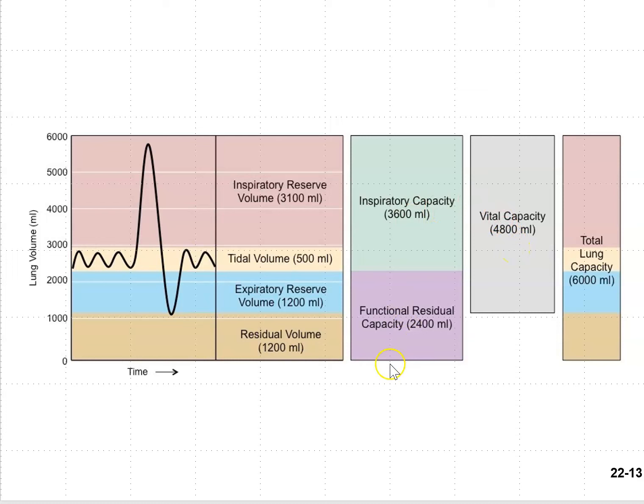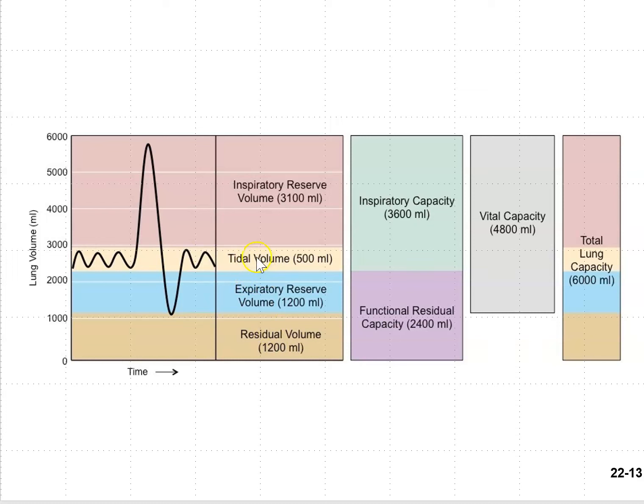And then you have the residual volume, the volume of air that is always present in the lungs. Approximately 20% of the total lung capacity consists of the residual volume. And this never goes away, and it only gets removed when the lungs actually collapse.